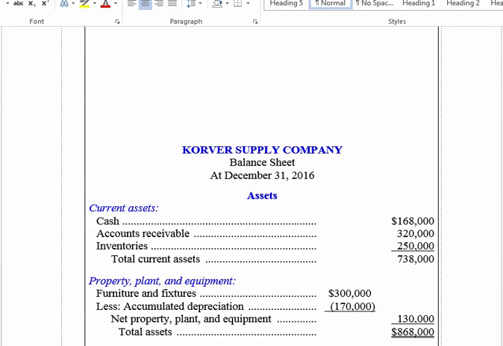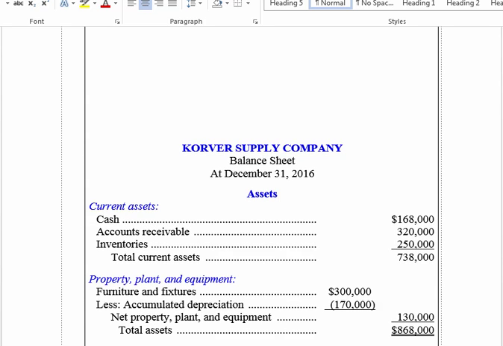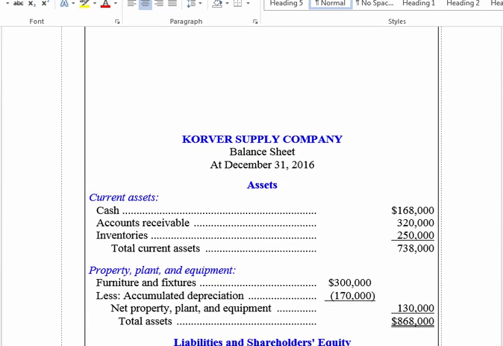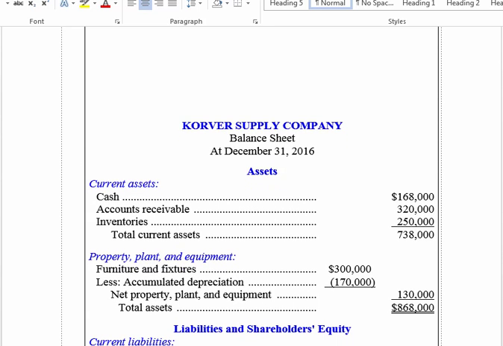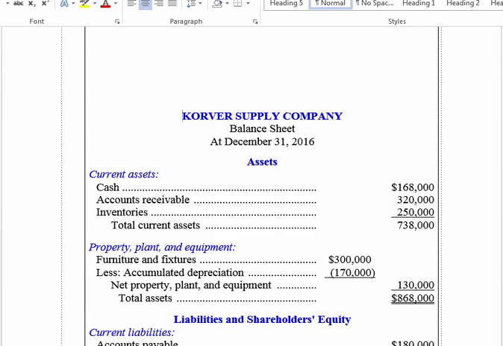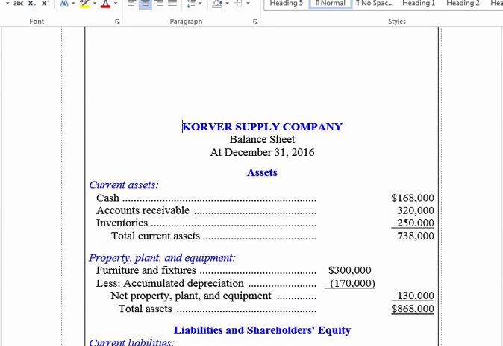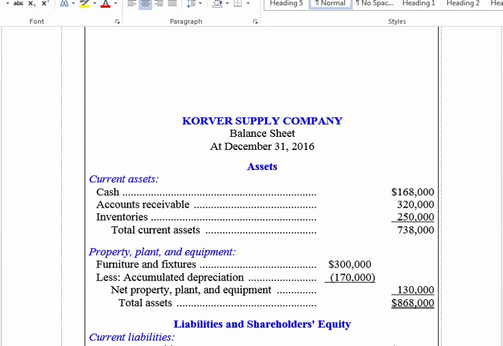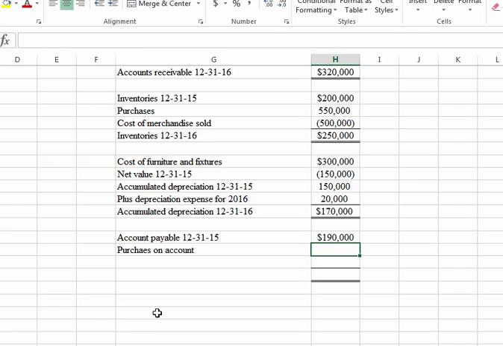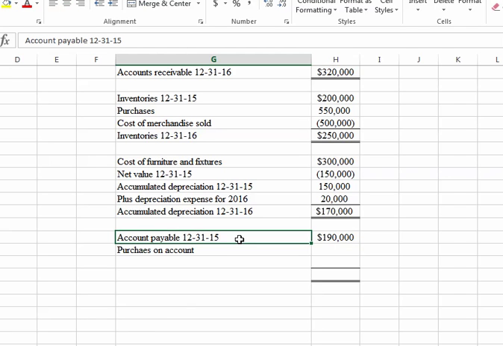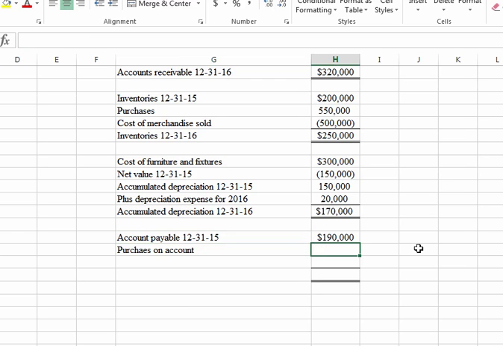Okay, let's move on to liabilities and shareholders' equity. First thing we'll list there will be current liabilities. And the first one of those we'll list, as you probably saw there, is accounts payable. Alright, so let's figure out its balance. Okay, we'll start with the accounts payable balance at the end of 2015, $190,000. We're going to add to that purchases made on account, $550,000. That would have increased accounts payable.